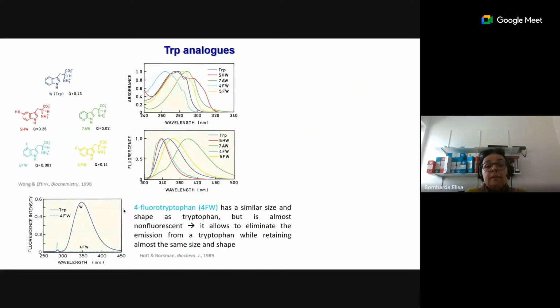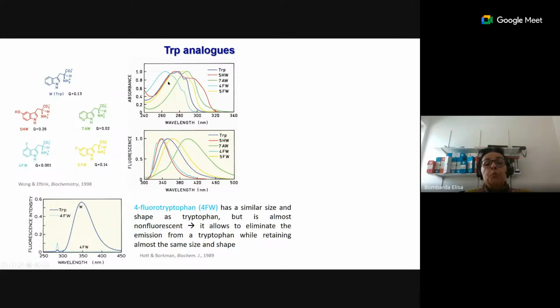So those are the drawbacks, and now we can go to some solutions. Concerning the brightness and the spectroscopic properties, some tryptophan analogs have been designed to have a larger quantum yield. So you see that is the natural tryptophan, and this is an analog with a quantum yield which is actually double.